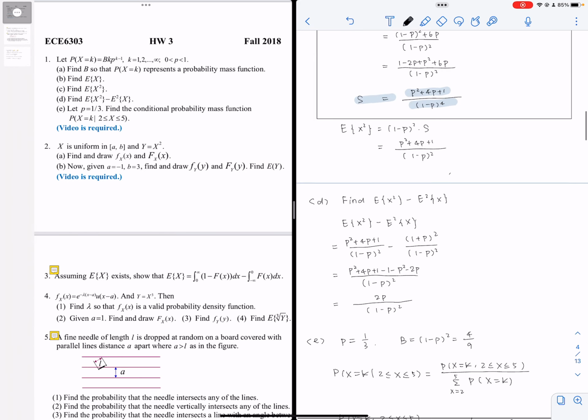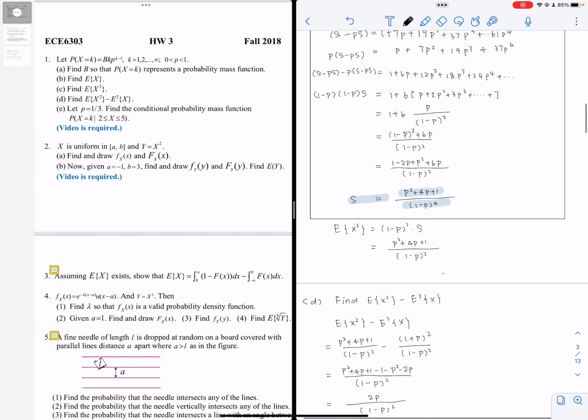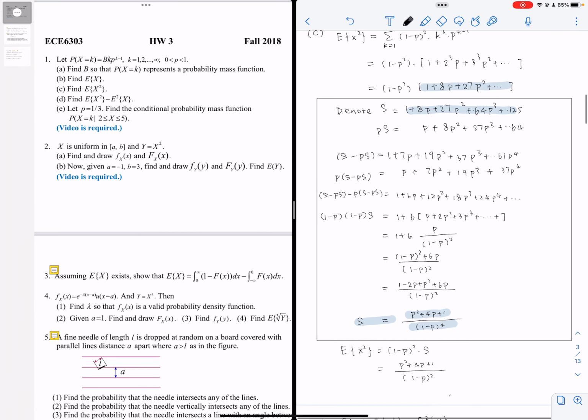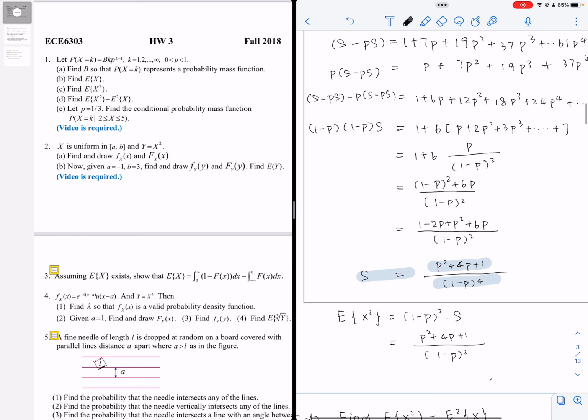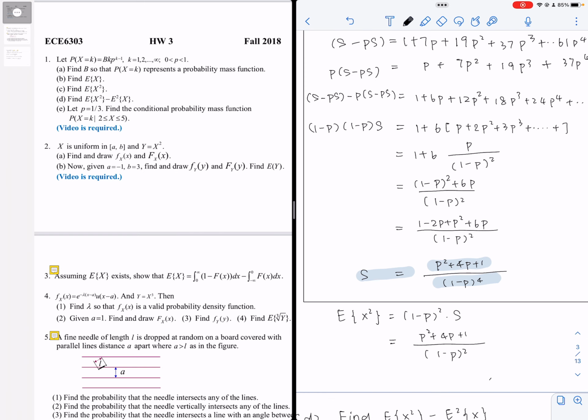And so we can use the conclusion here directly. And then eventually we'll just get s equals p squared plus 4p plus 1 over 1 minus p to the power of 4. And then by multiplying by b, which is 1 minus p squared, we get p squared plus 4p plus 1 over 1 minus p squared.